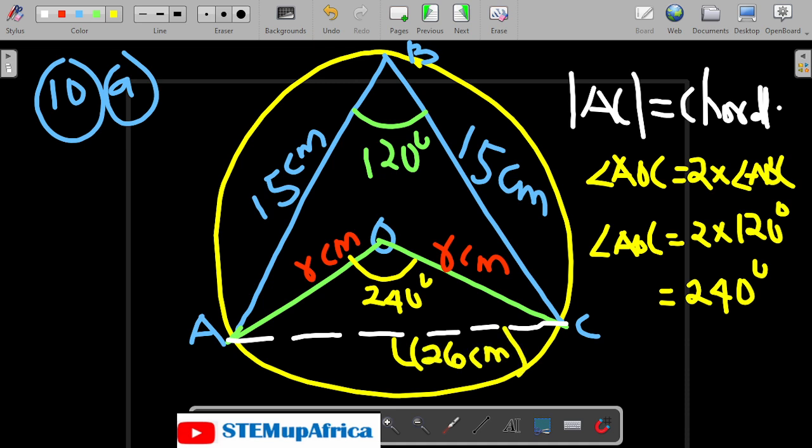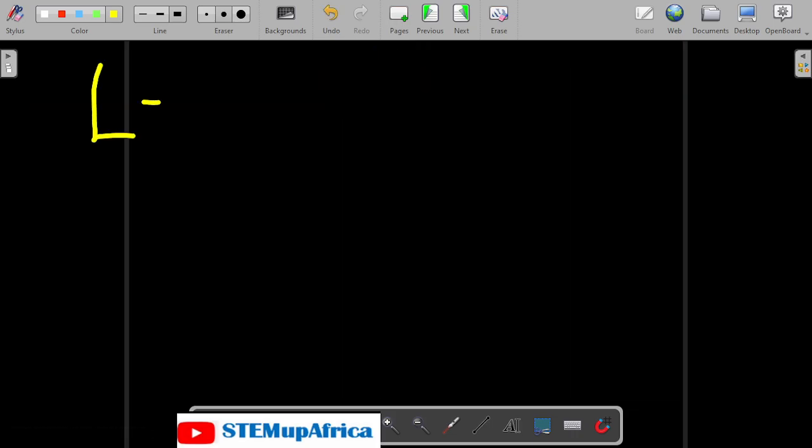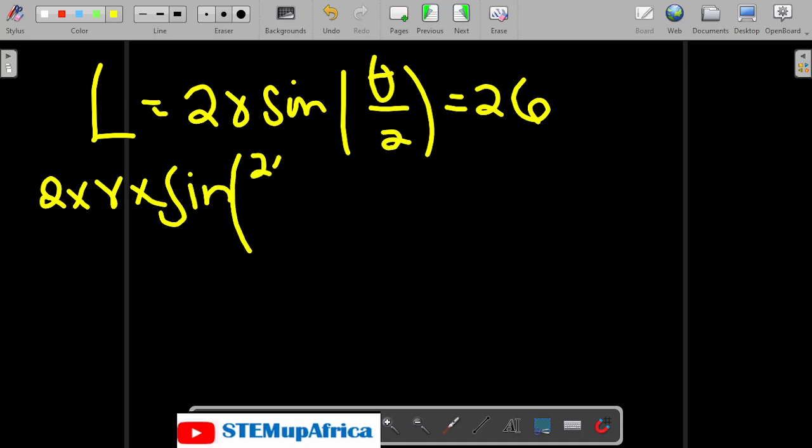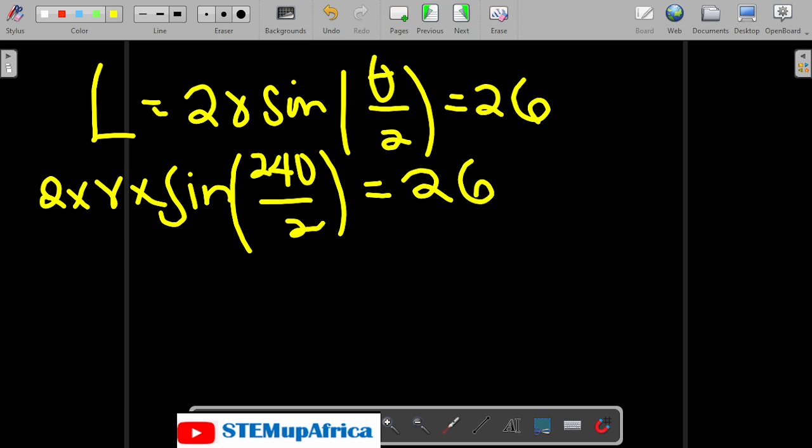So with that, I can determine the radius of the circle by using the formula for length of chord. We know that length of chord is 2r sine theta over 2, which is 26. So I'm having 2 times r times sine 240 over 2 equals 26.